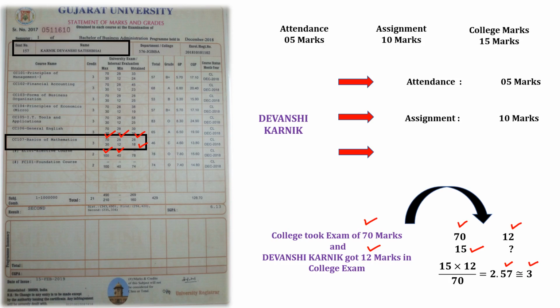So the performance of the student was poor, and that's why she is going to get only 3 marks out of 15. In the college examination she did not perform properly, so she got 3 marks. So the total will be 5 plus 10 is 15, and 15 plus 3, the answer is 18. So you can see 18 marks in the mark sheet.